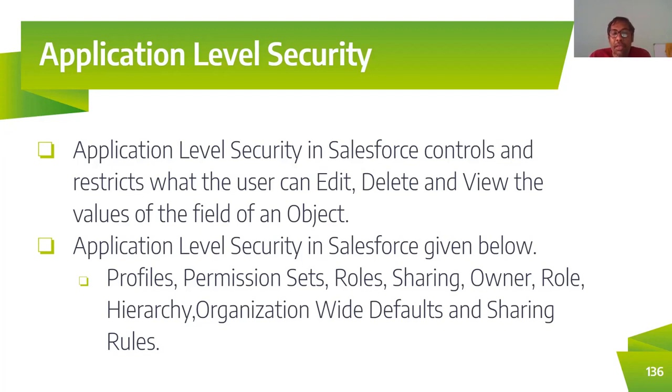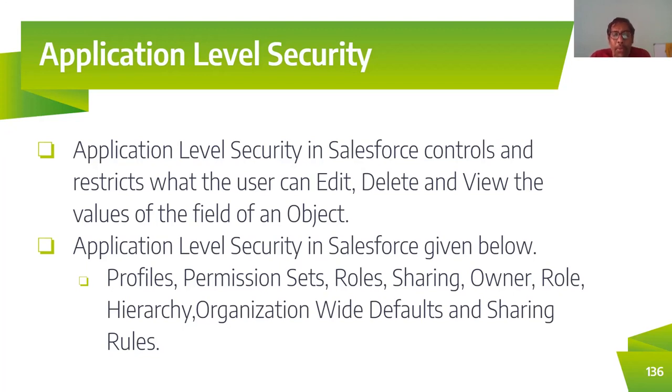In application level security, Salesforce gives profile, permission set, roles, sharing, owner, role hierarchy, organization-wide defaults, and sharing rules. These are all possible, right? We can do all of these with application level security.